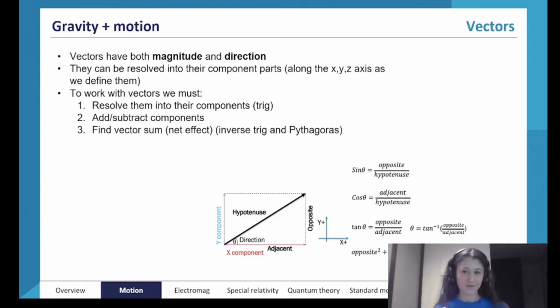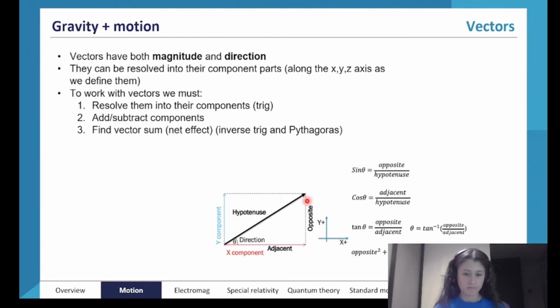Okay, so resolving vectors into components, as you can see here in our diagram, requires the use of our trig ratios, sine, cos, and tan, which hopefully you remember from your math subjects.